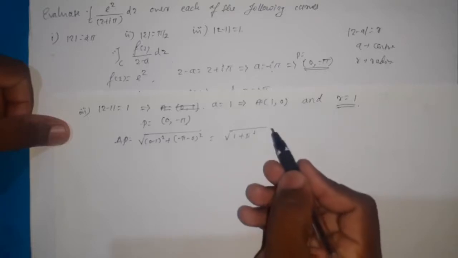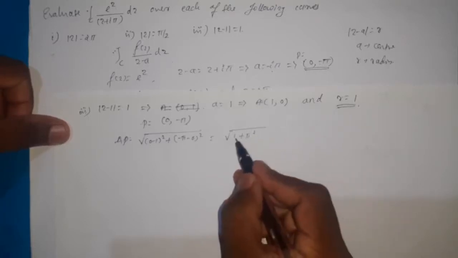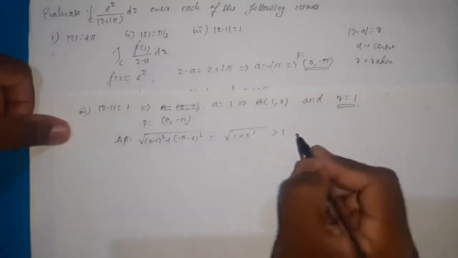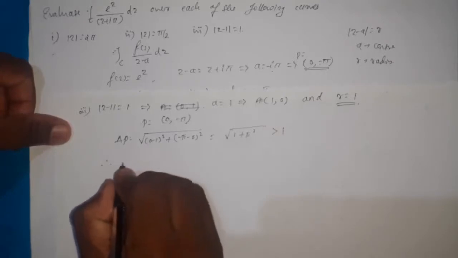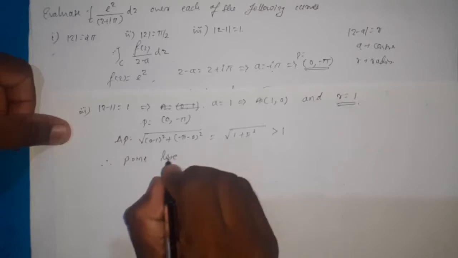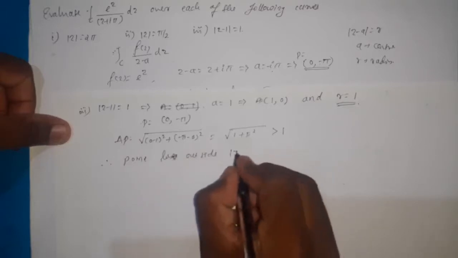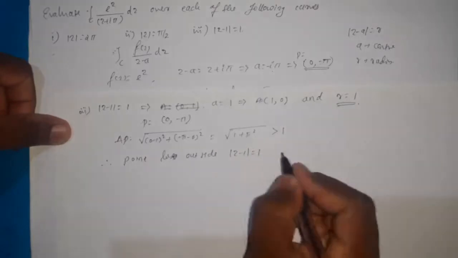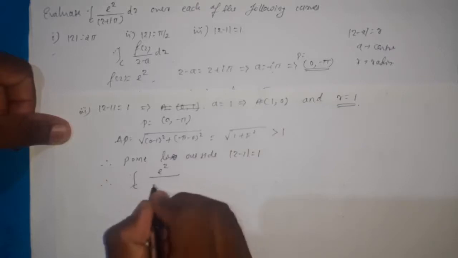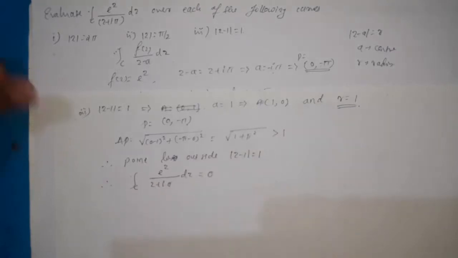So 3.142 whole square is near about 10, then plus 1 is there, the total quantity will be greater than 1. So therefore the point lies outside the circle mod z minus 1 equal to 1. So therefore integration over c e power z divided by z plus I pi dz equal to 0.